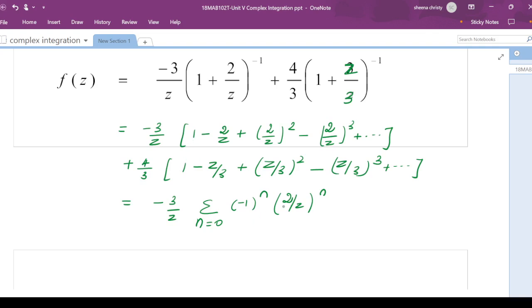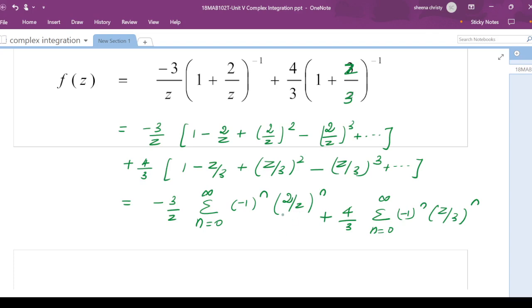By putting n equal to 1, you will get the second term and so on up to infinity. The second term also you can write in this manner: sum of minus 1 to the power n into z by 3 whole power n, where n ranges from 0 to infinity.